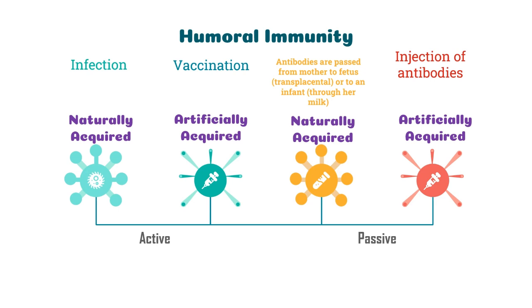For the artificial, antibodies are injected into our bodies, such as when you are bitten by a snake or when you get rabies, because these infections are mainly deadly and cause death very fast before the immune system gets activated.